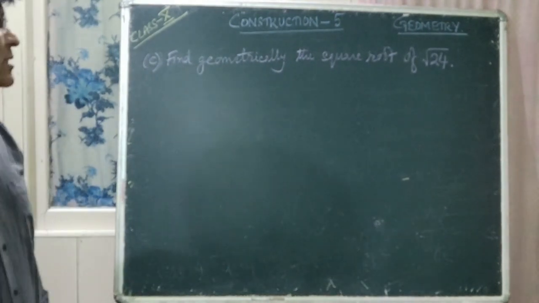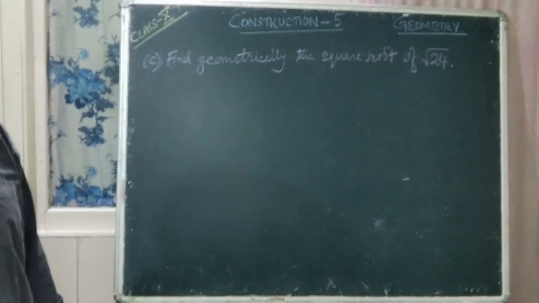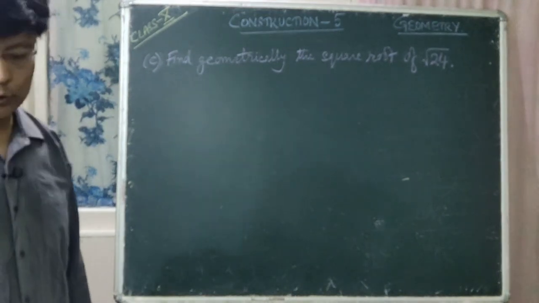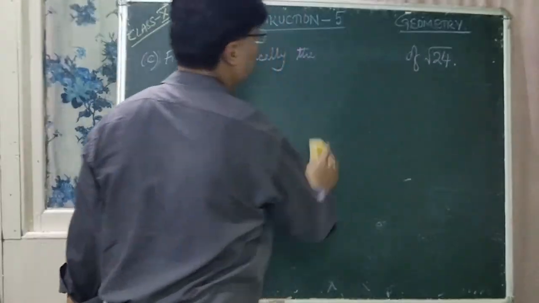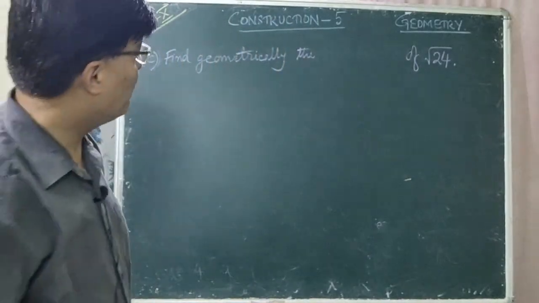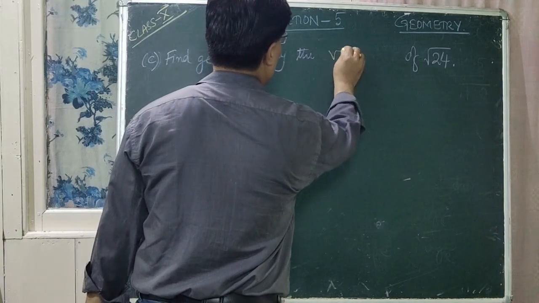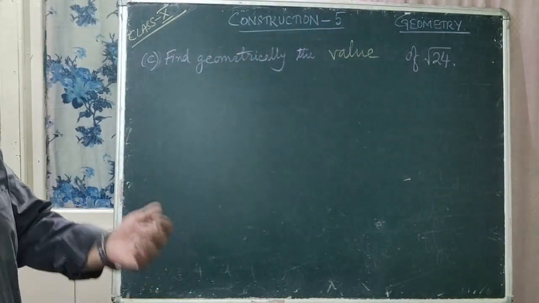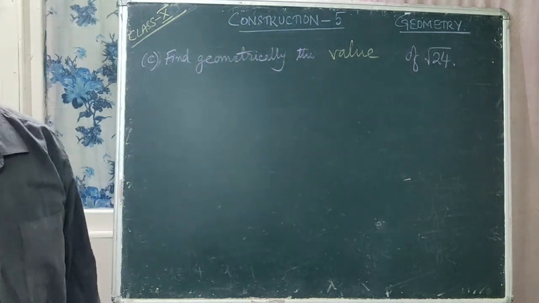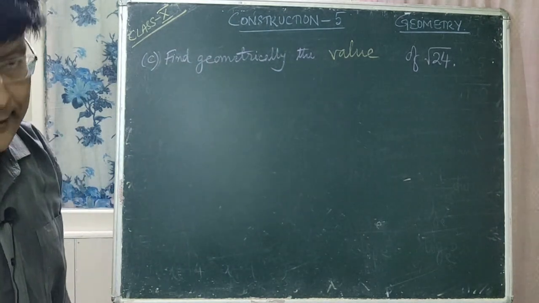So find geometrically the value of within square root 24. So how can you find it?